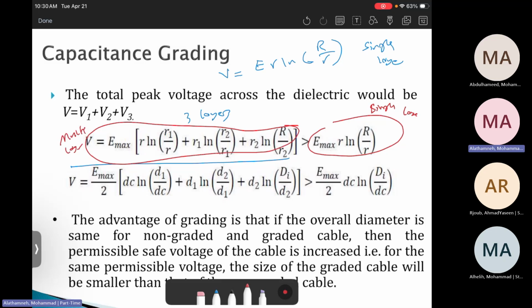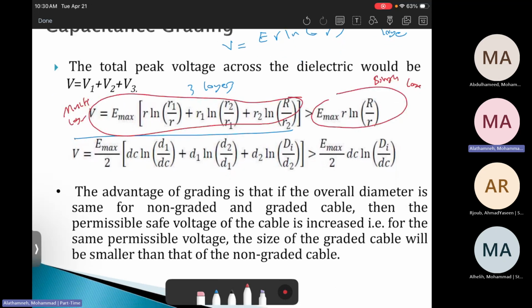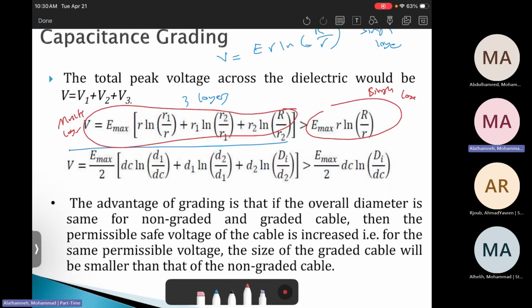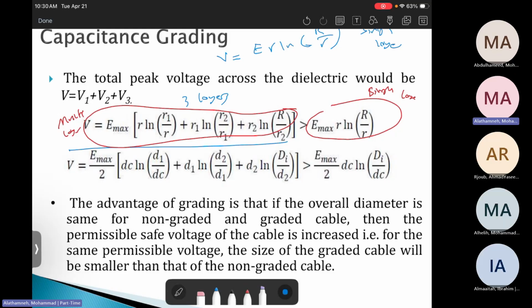So the single layer should be lower, or the overall should be lower than the multi-layer. When we do this analysis, we can make it in terms of the diameter. Once we make it in terms of the diameter, we just divide it by 2, the difference between number 1 and number 2, using diameters.